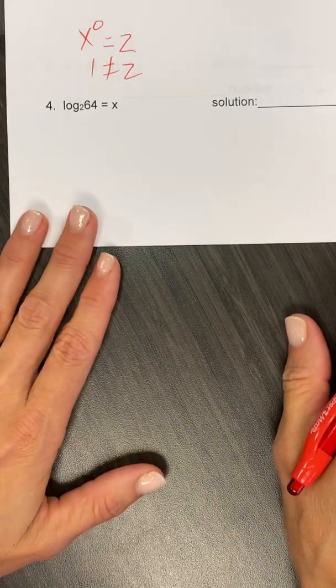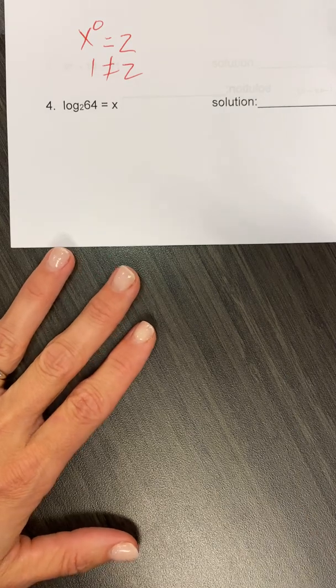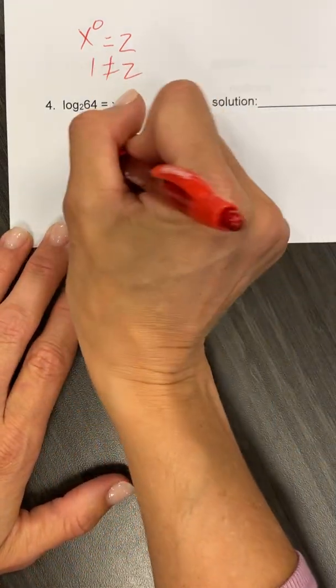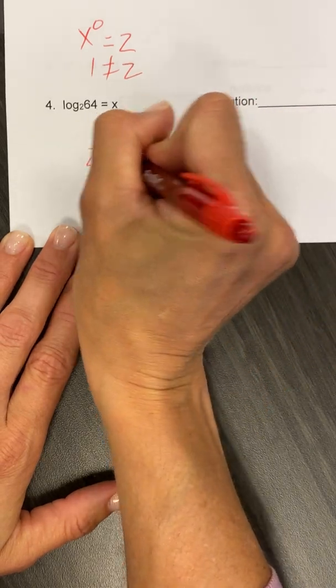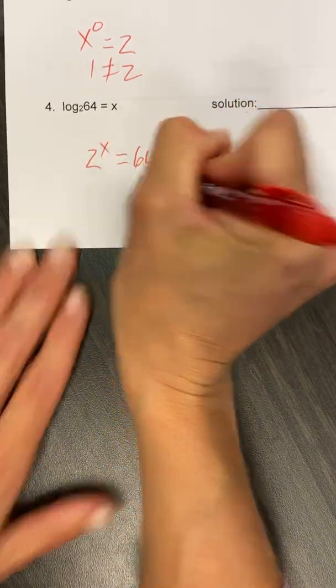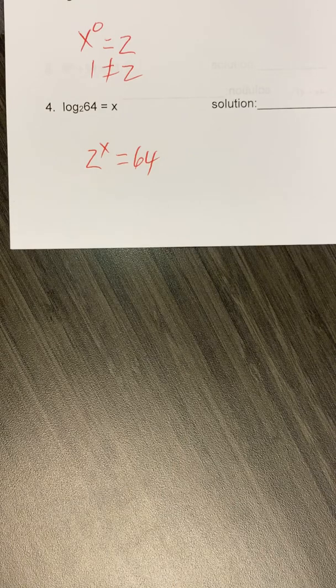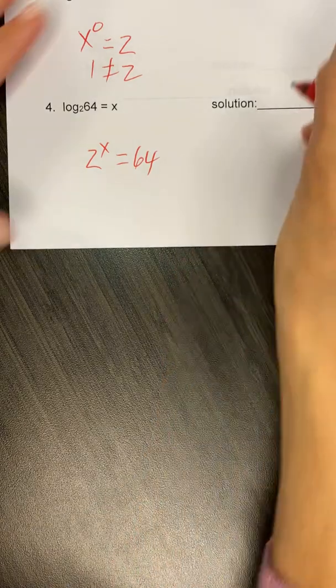All right, number 4. Again, just rewriting it into the other form. So this would be 2 raised to the x equals 64. Oh, looky here. 2 raised to what power is 64? 6. Very good.